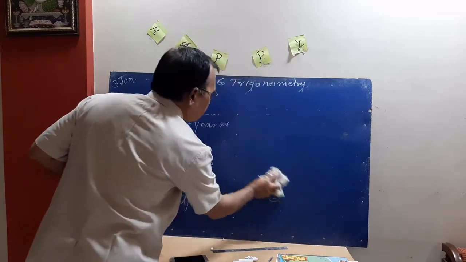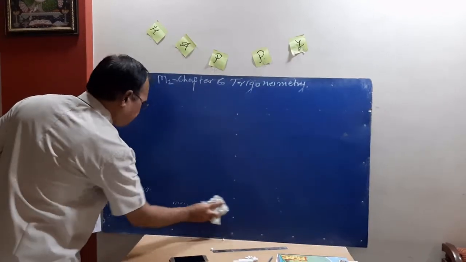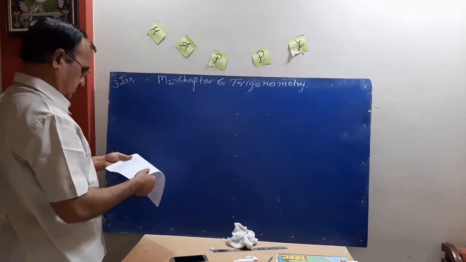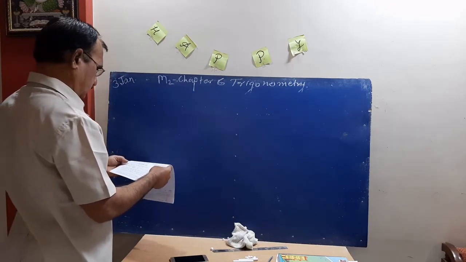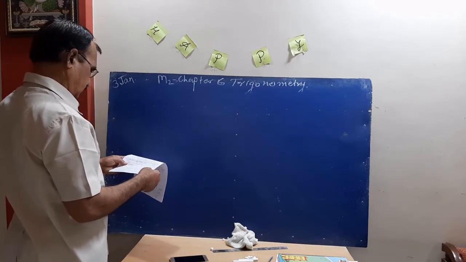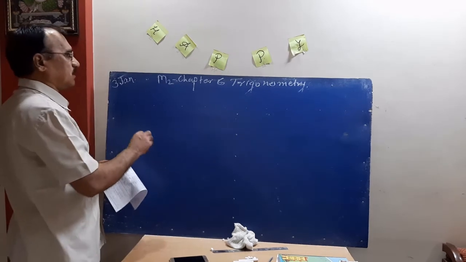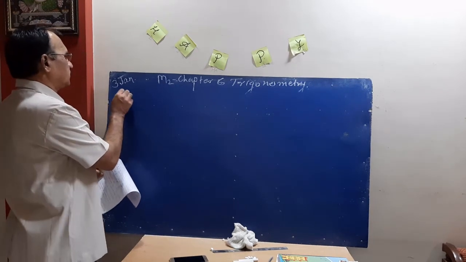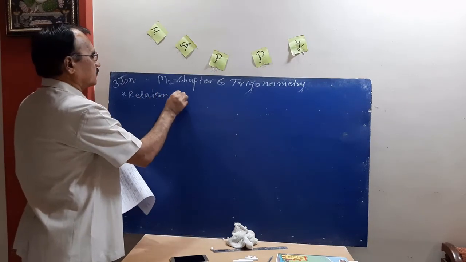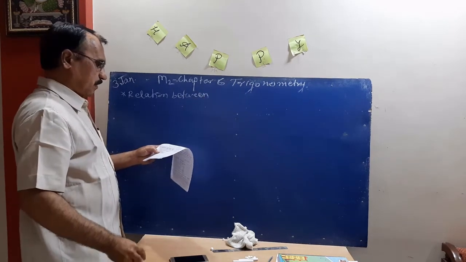This is very easy part of trigonometry. Before that, relation between trigonometric ratios, it is the 9th part.